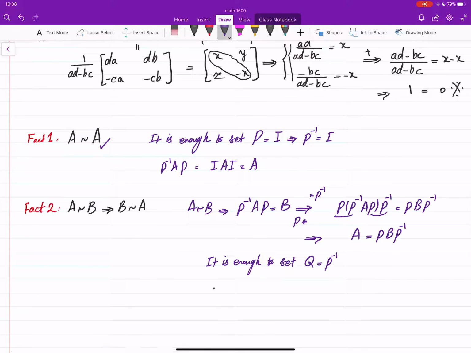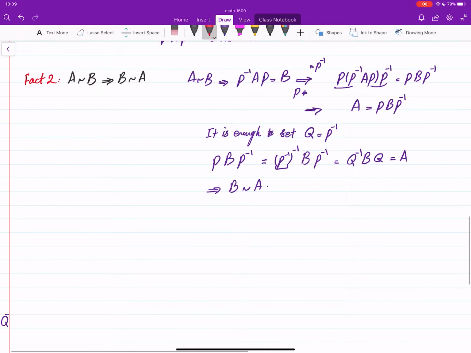Because you see P inverse then is equal to P inverse to the power, inverse of inverse is P itself, and P inverse. And then this is Q, so Q inverse is in the left, and Q itself is on the right. This is equal to B. That means that B is similar to A.